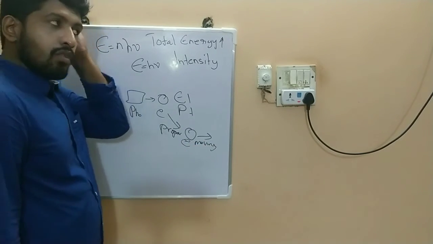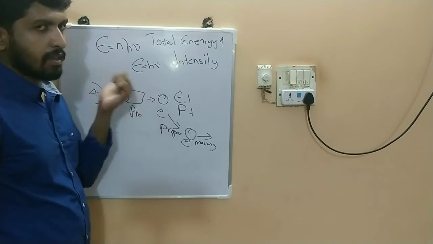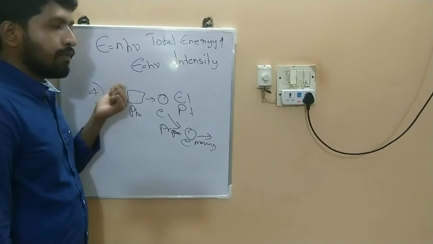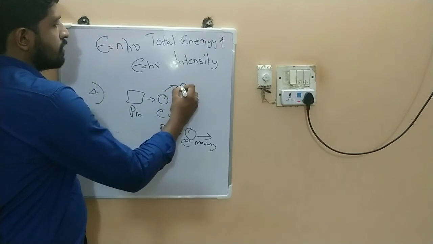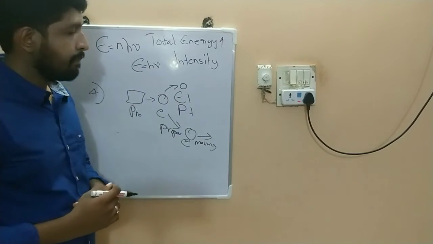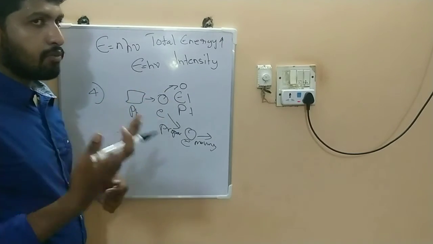Okay, if the collision is not proper, and suppose there is the work function, and it has given the electron certain kinetic energy also, but the photon is not totally absorbed.